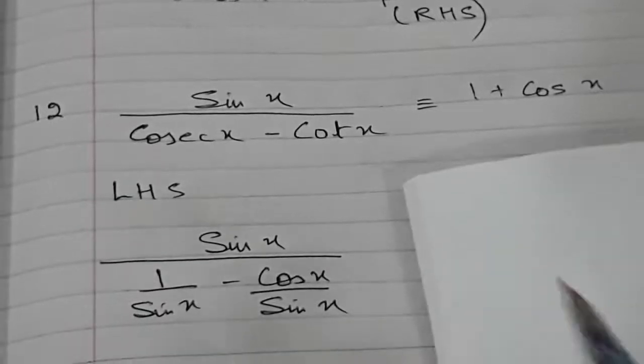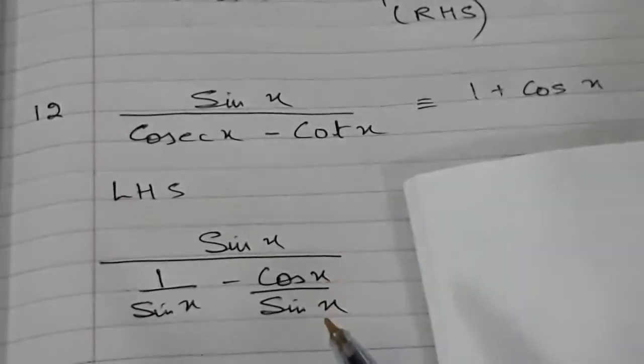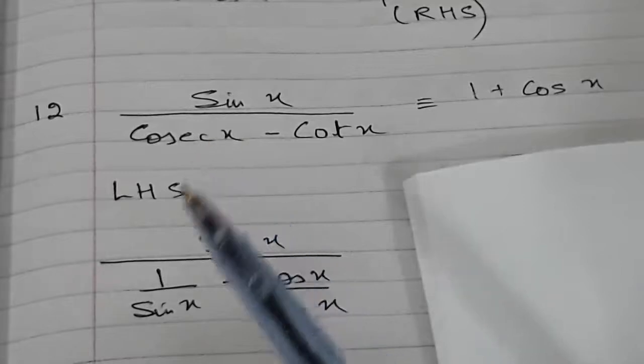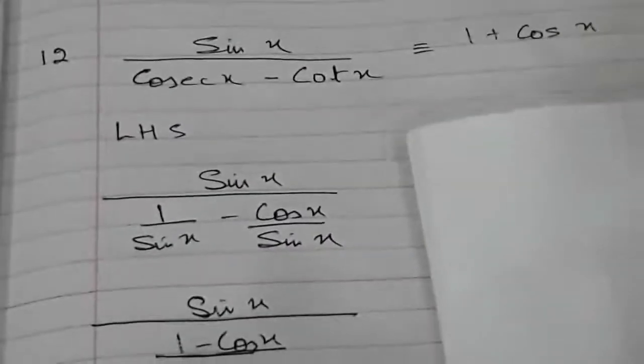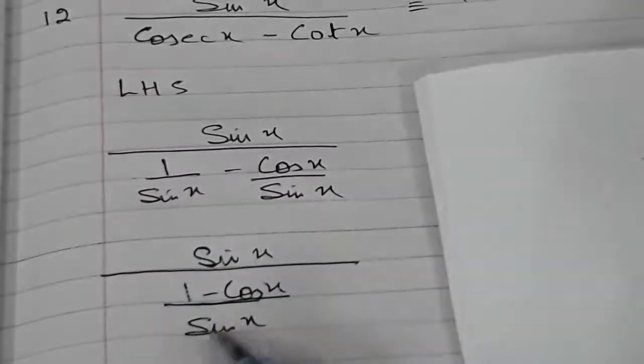In place of cot x, I am writing cos over sin, and in place of cosec x, I am writing 1 over sin. And then I will take the LCM of the denominator. Now this is my denominator. So if I take the LCM, it will be 1 minus cos x over sin x.